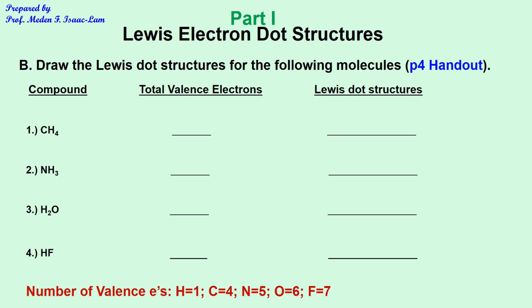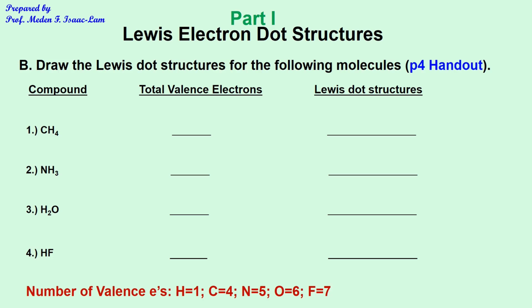So for number 1, CH4, carbon has 4 valence electrons plus 4 times 1 because H has 1 valence electron. So refer to the bottom number of valence electrons. H is 1, carbon is 4, N is 5, oxygen is 6, fluorine is 7.